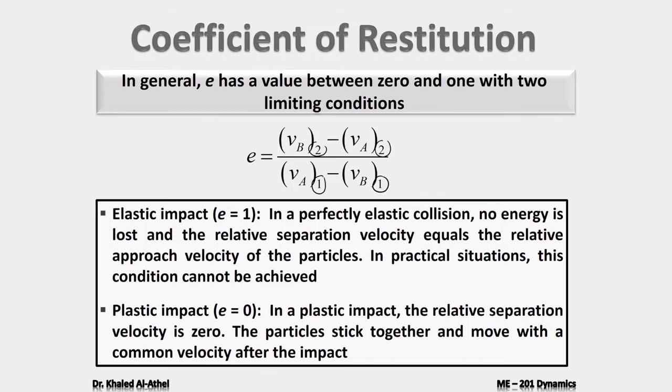Usually in reality this is not realistic, because this means there is no energy loss, and the relative separation velocity equals the relative approach velocity. So this is a very ideal situation. The other is plastic impact, where e equals 0. This is a plastic impact where relative separation is 0. That means they start deforming together and they stick together. So e usually is something in between.